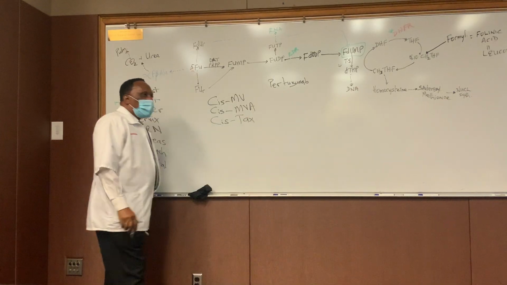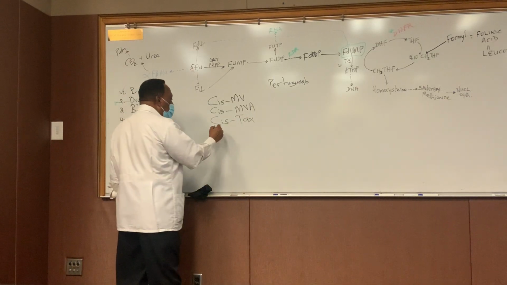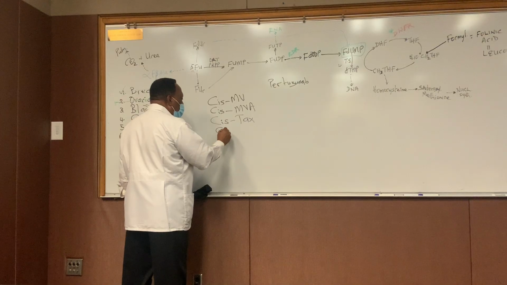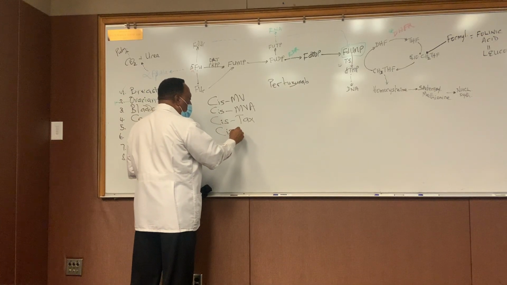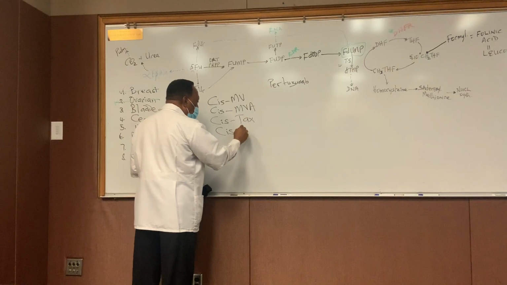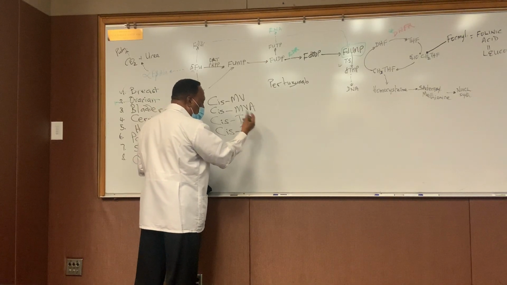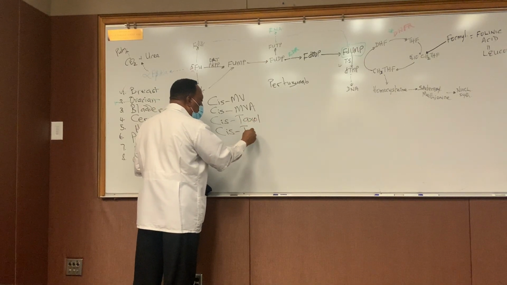Cis-Tax can be used, and you can use cisplatin in combination with Taxotere. This will be Taxol. This will be Taxotere.